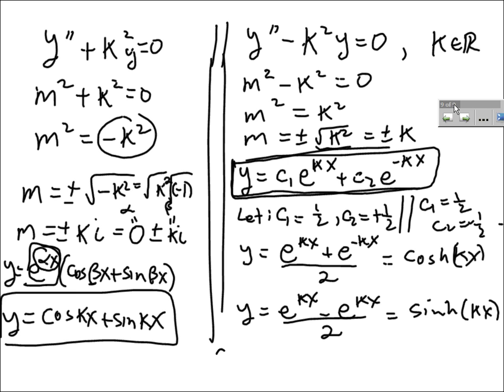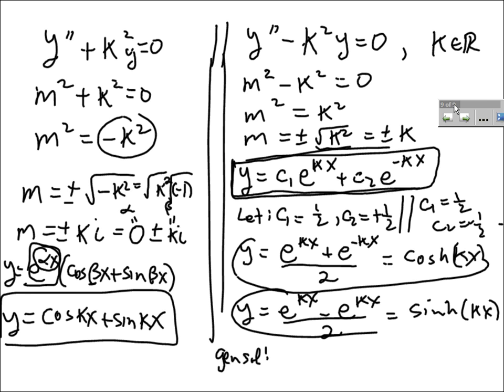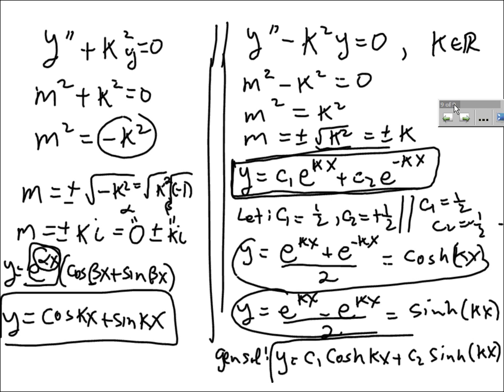So what we can say then is that a general solution will be a linear combination of these. That is, y can be a multiple of cosh of kx plus a multiple of the sinh of kx. And what's neat about this is it looks just like this one.